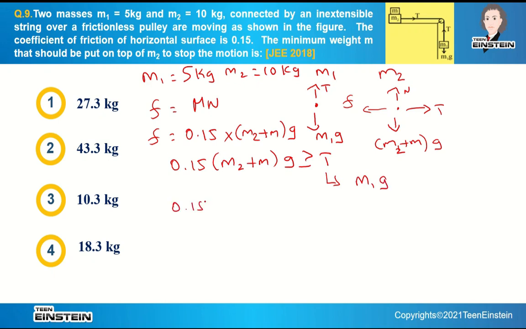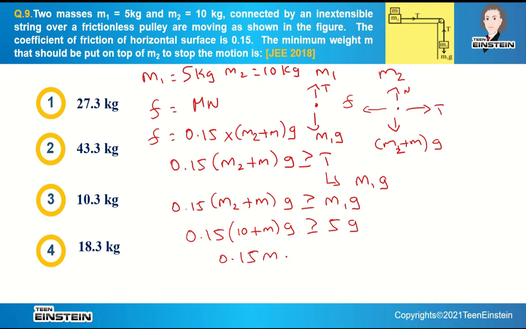Since m1 is 5, you can substitute the values here, and m2 is 10, so 0.15 (10 plus m) g equals 5g. The g and g will get cancelled.